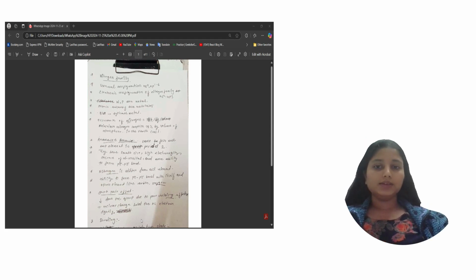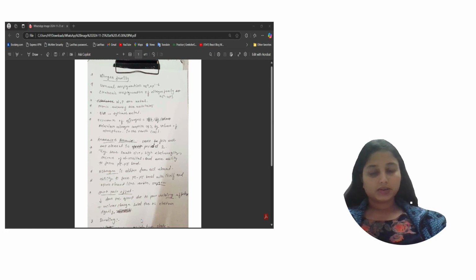Here, nitrogen is different from the rest of the members due to its small size, high electronegativity, high ionization enthalpy, and non-availability of d orbital, and its ability to make multiple p-pi bonds with itself and with other elements like carbon and oxygen, which have small size and high electronegativity.